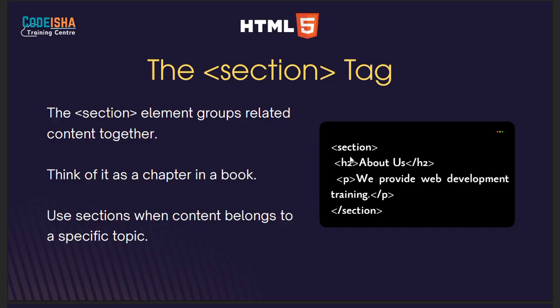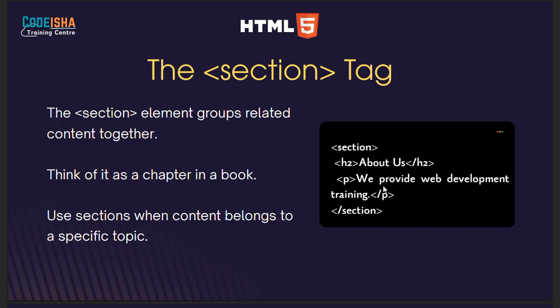Here is a basic piece of code: a section, and inside it a chapter heading like in a book, such as About Us, and whatever passages are about that chapter we add into the p tag, giving details about that section.